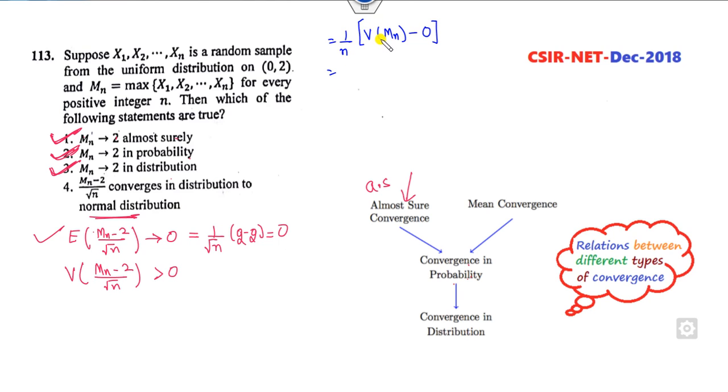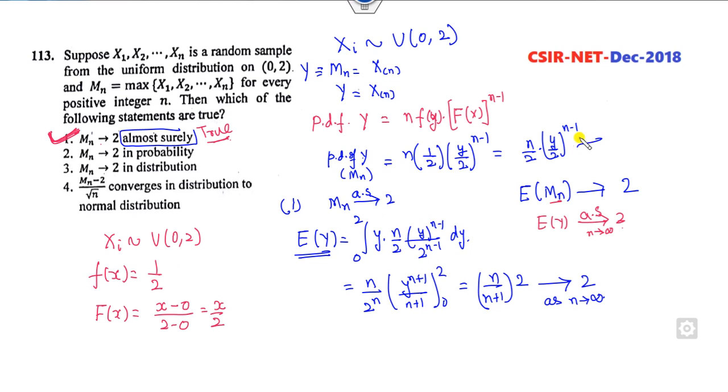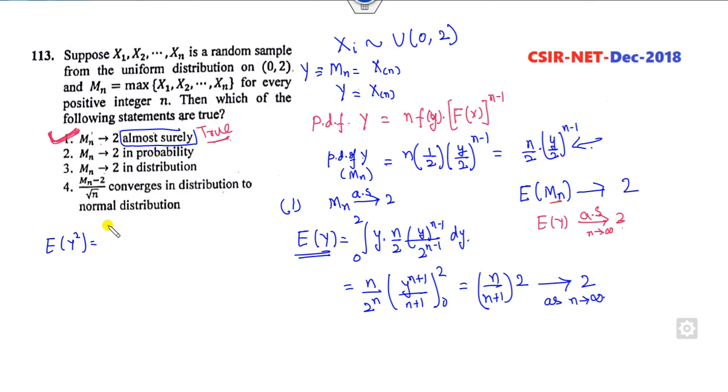How do you find the variance of Mn? If I call it Y, it is E of Y square minus E of Y whole square. So how can you find the expected value of Y square? This is my PDF of Y. It is the integral from 0 to 2 of y square times n over 2, y raised to power n minus 1, over 2 raised to power n minus 1.